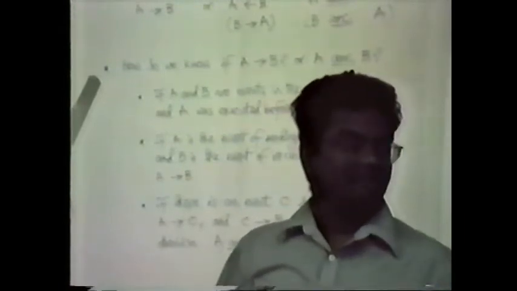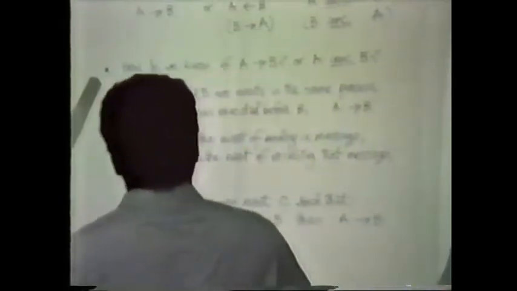Then obviously A happened before B. So if any of these three hold, we have an answer to A happened before B. We still haven't said what we will do if none of these three questions yield the answer. Well, in which case, we will claim that A and B are concurrent. So, if you cannot say that A happened before B, or that B happened before A, then we will assume that they are concurrent.